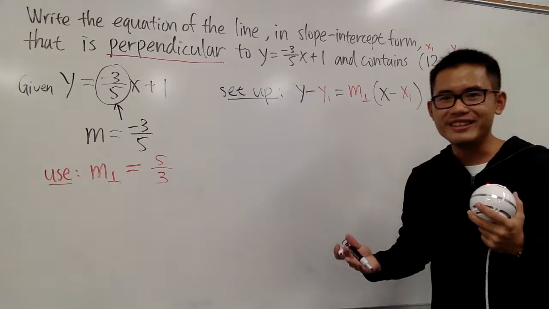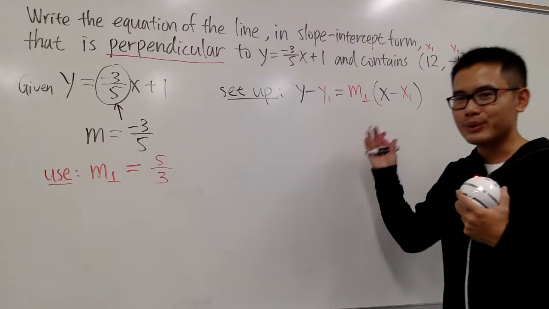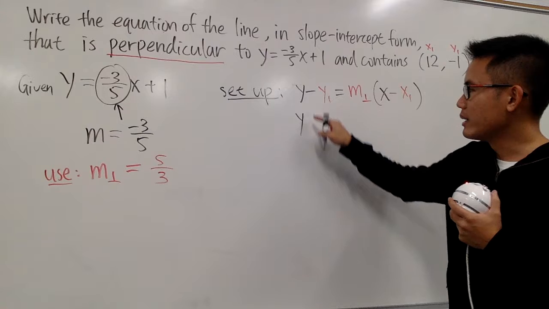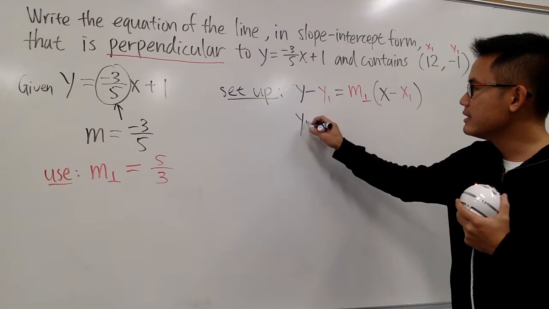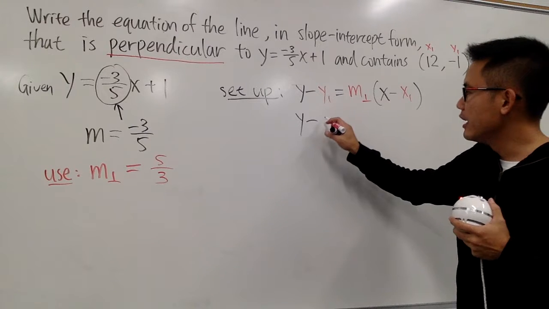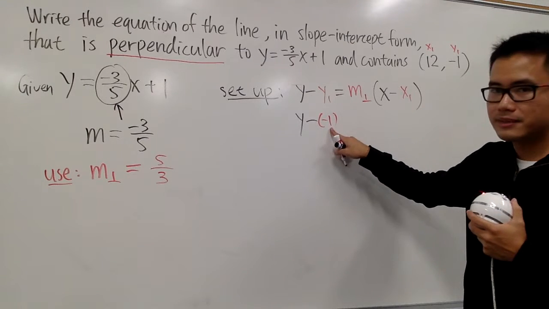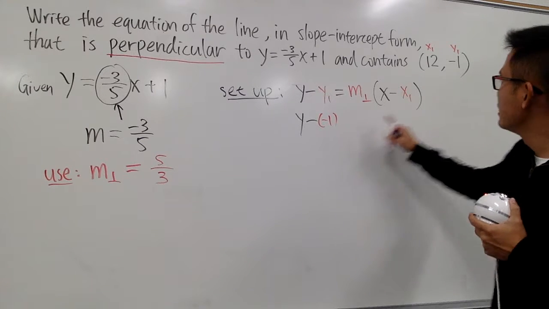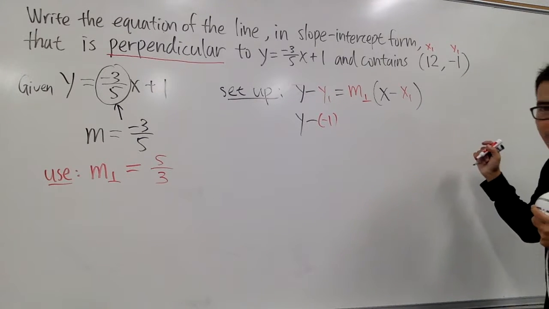And now we are all ready to plug in all this value into this equation here. So first we have y, this y in black stays, and then the minus, y1 is negative 1. So I'll put down negative 1 right here with the parentheses. You see, this negative was from the formula, but then the minus 1 is from this value y1, okay?